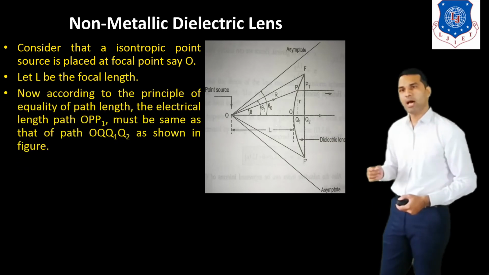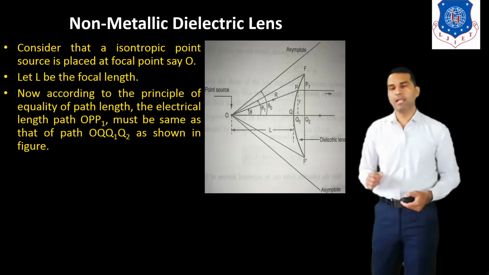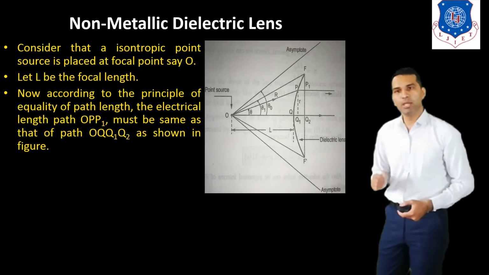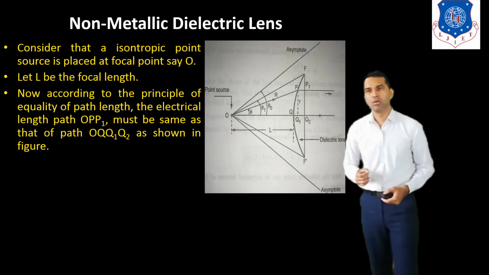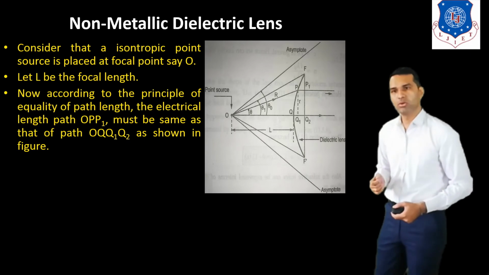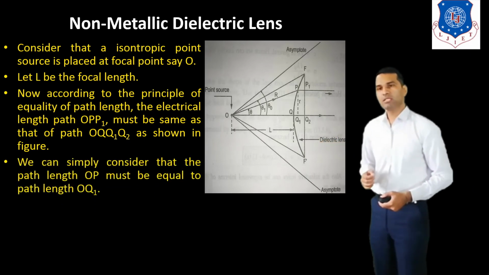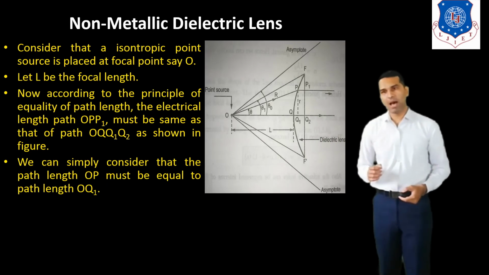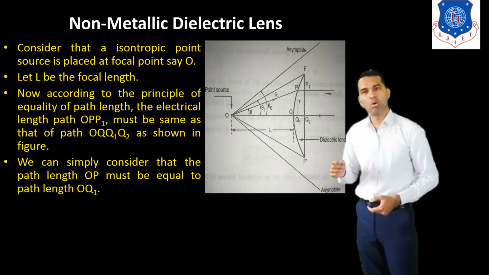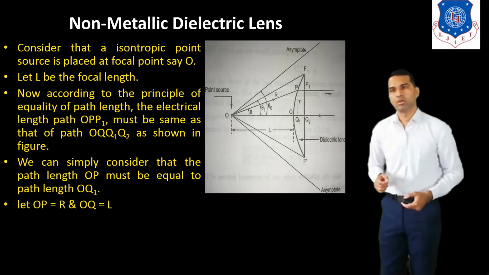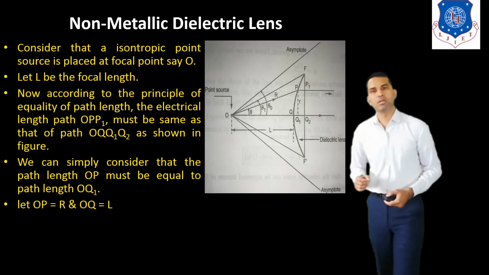Then according to the principle of the equality of the path length, the electric path length OP1 must be the same as that of path OQ, Q1, Q2 as shown in this figure. We can simply consider that the path length OP must be equal to the path length OQ.